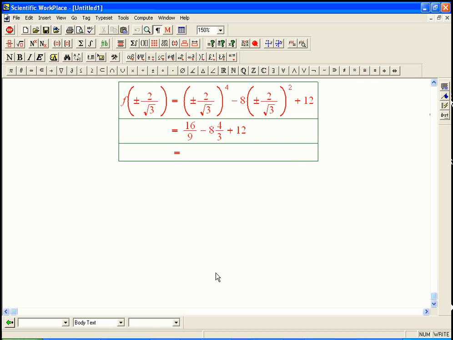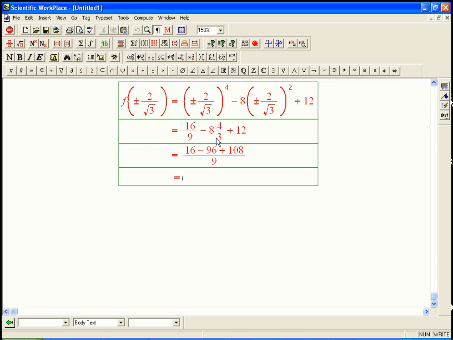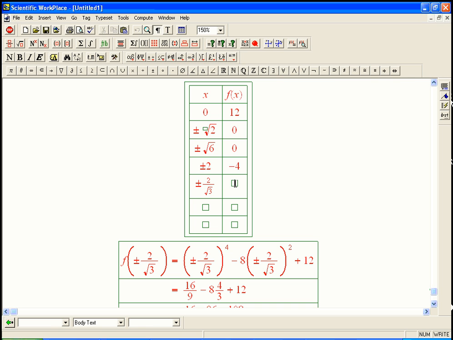We're going to put it over a common denominator of 9. 16 minus, and then 32 times 3 is 96. And then 12 times 9 is 108. And 16 minus 96 is minus 80, so we're going to get 28 over 9, which is approximately 3, because 27 over 9 would be 3. Okay, so let's put in the 28 over 9 here.